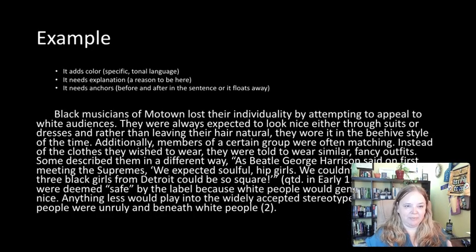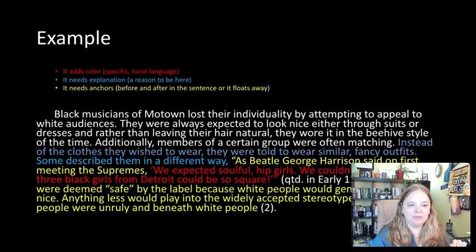So here's an example. We're going to take a look at this. Go ahead and pause the video if you want to take a minute to read this paragraph here. So let's highlight each part of this paragraph so we know what it's doing. In the beginning here in the white, you can see the introduction to this paragraph.